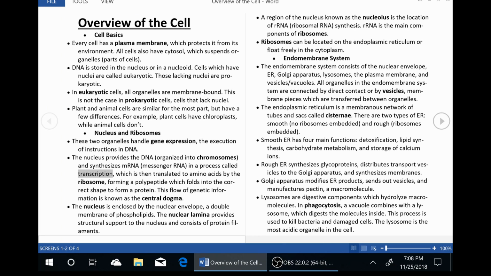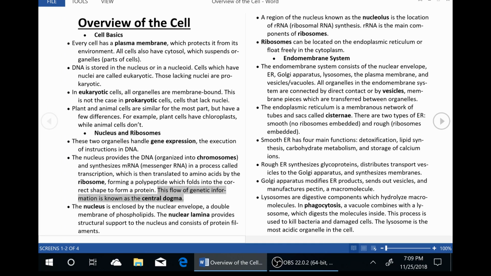Then it is translated into amino acids by the ribosome, which itself is made of rRNA, which stands for ribosomal RNA, which you can tell why it's called that, because it composes a ribosome. The ribosome eventually forms a polypeptide, and this polypeptide then combines with other polypeptides, or folds itself into the correct shape, which forms a functional protein, which then executes whatever instructions were provided to it by the DNA/mRNA.